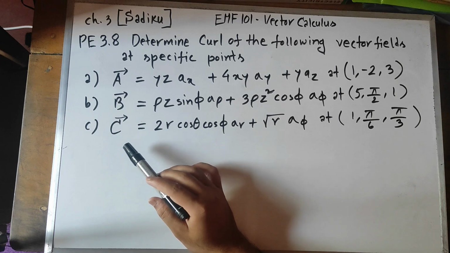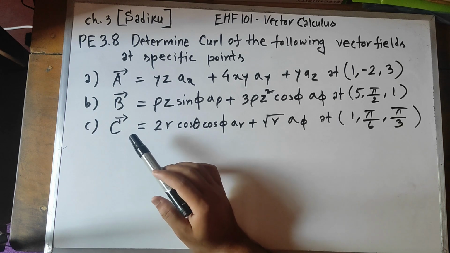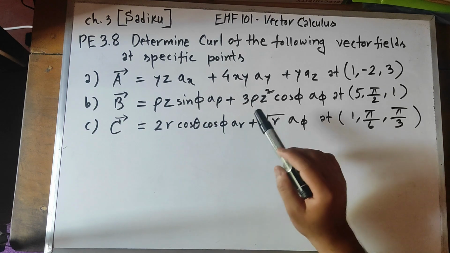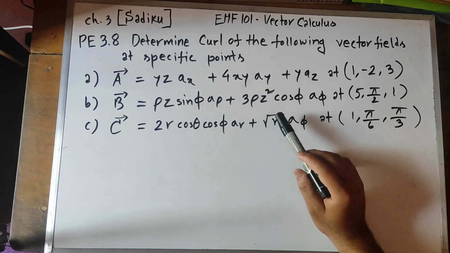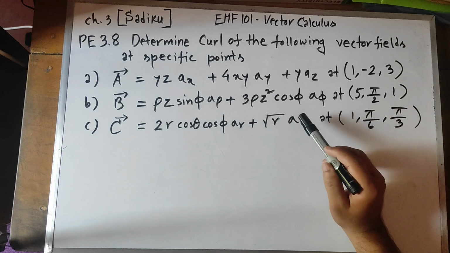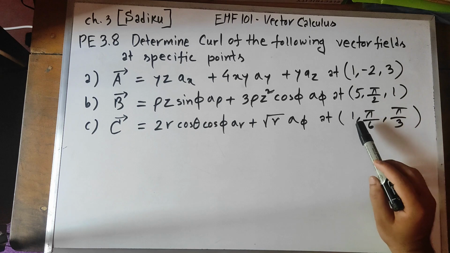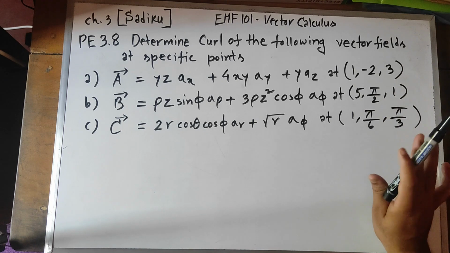And the last vector field is in the spherical coordinate system, which is 2r cos theta cos phi in the direction ar plus root r in the direction a phi. And we have to find the curl at (1, pi/6, pi/3).